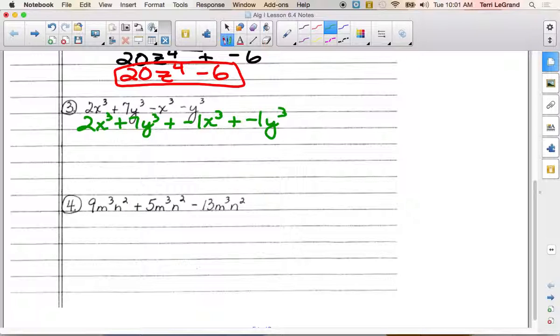So they'll subtract, and that's really a 1x cubed, becomes plus a negative 1x cubed. Subtract y cubed, really a 1y cubed, that means that we're going to change it to plus a negative. And then we can rearrange now. We can say, okay, x comes before y in the alphabet. So I'm going to let the x's be at the lead and the y's trail behind.